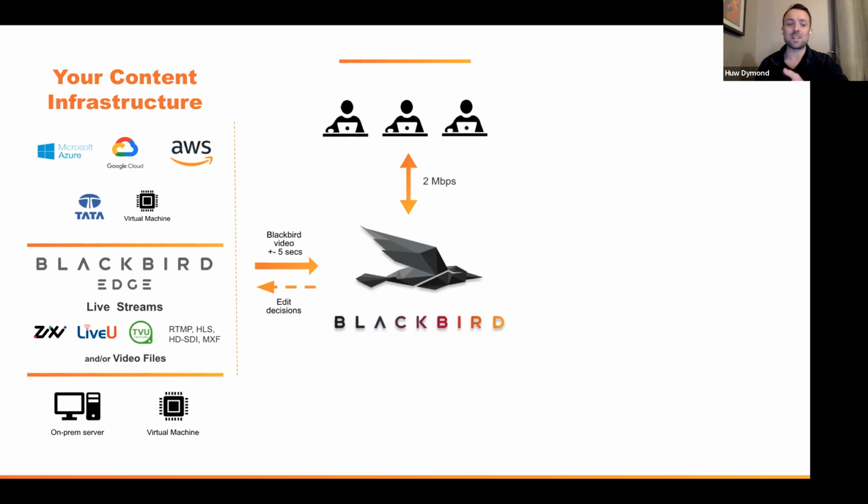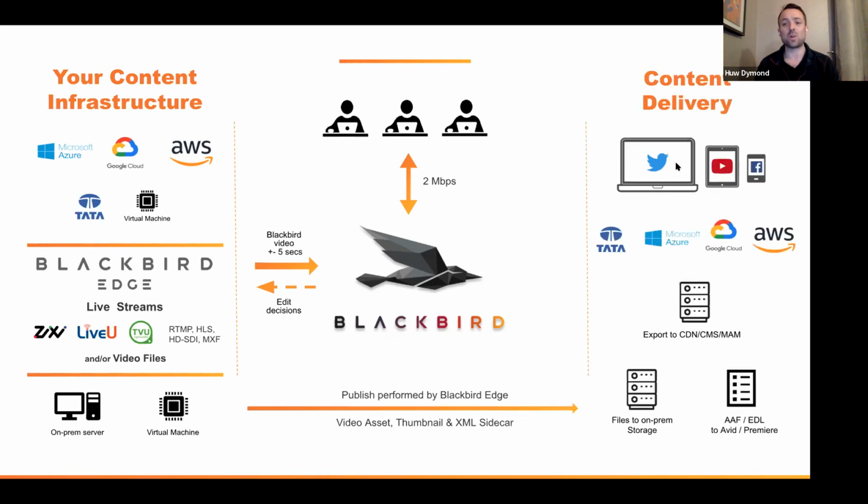So if it is indeed a combination of, let's use the example of maybe an SRT live stream at 45 megabits per second, and some of our 400 megabit source media in an S3 bucket, essentially the edge will go away, source the various different portions of that content that are required for the render job, and ultimately deliver the asset off to whatever the delivery point may be.